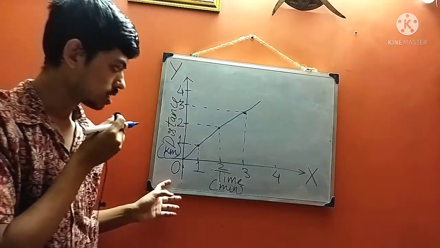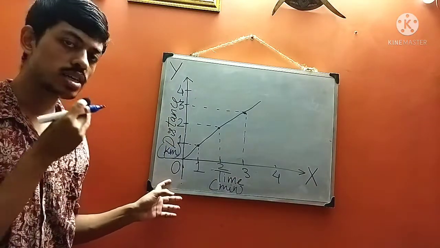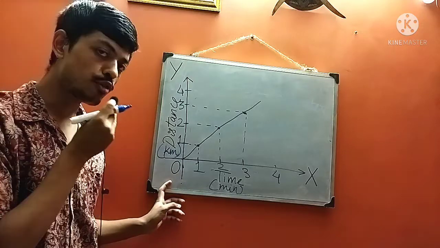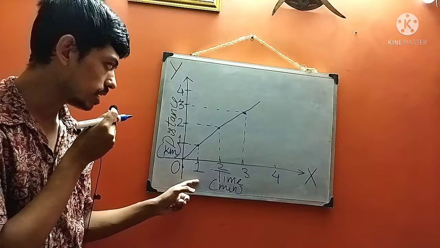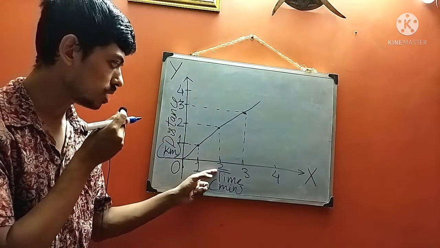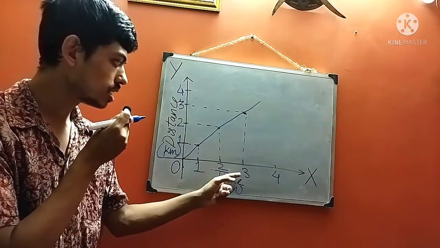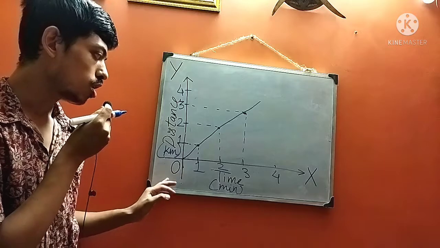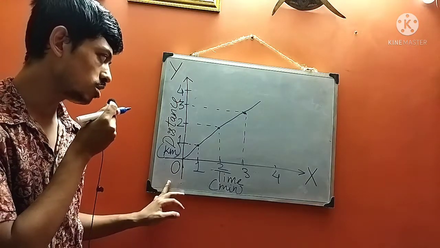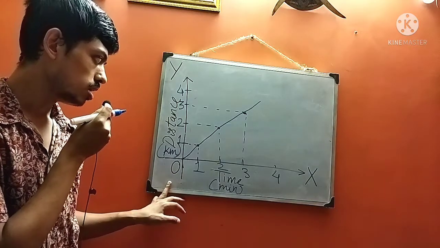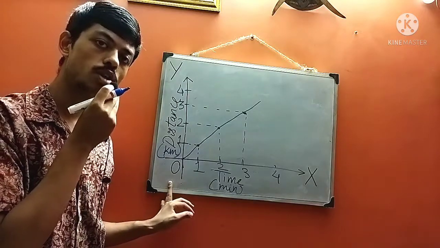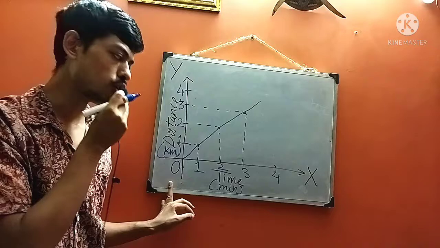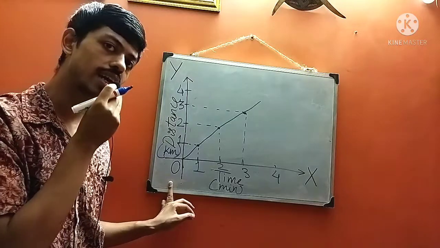See, the object is moving with a uniform or constant speed: 1 kilometer in 1 minute, 2 kilometers in 2 minutes, and 3 kilometers in 3 minutes. So it is moving with a uniform speed. So the graph formed by an object moving with uniform speed is a straight line graph.